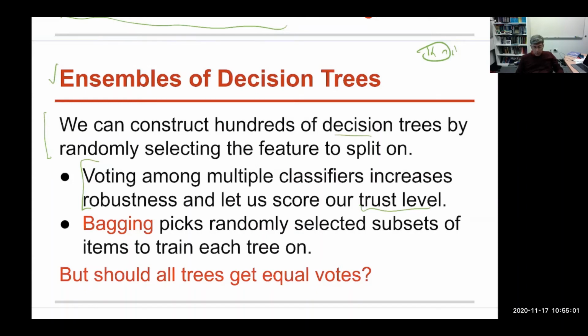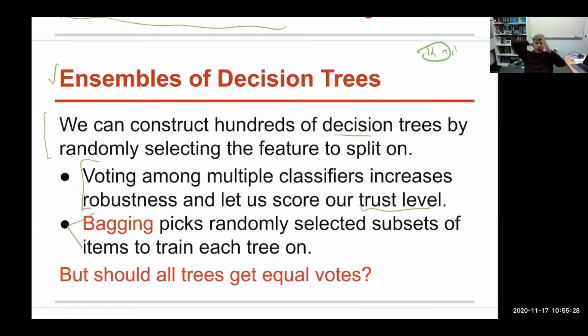Another approach to build multiple trees is something called bagging. Instead of building a tree that classifies all n inputs, what if you take a random subset of n over 2 or square root n of the input examples, and you build a tree that works well on that subset?